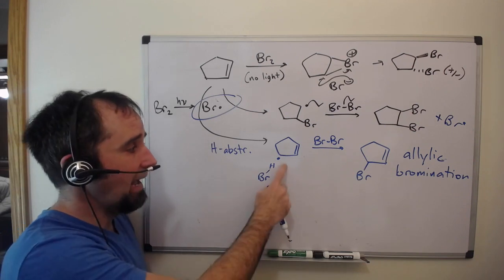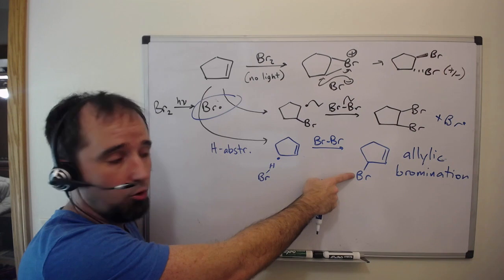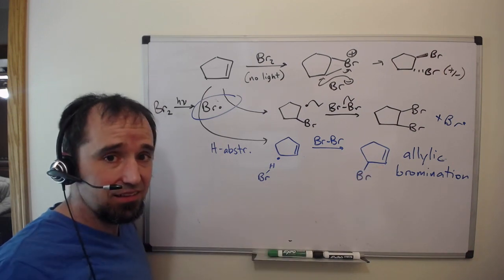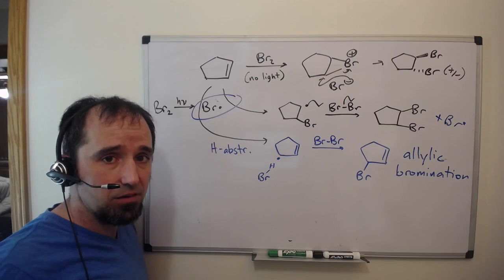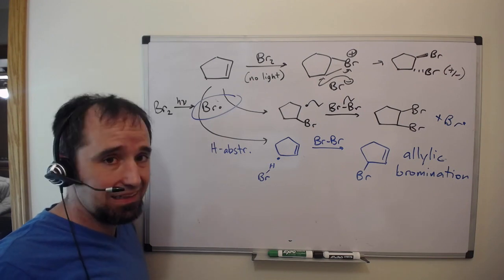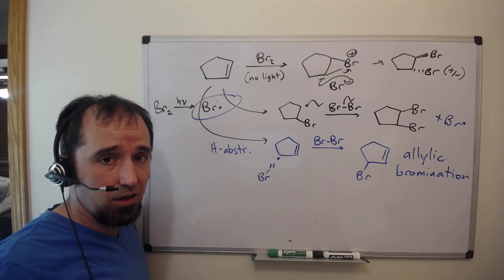So if we do this, now that radical can react with bromine, and we actually end up with a brominated product where our alkene survives, and we're brominating next to that pi bond. And so we're going to call that allylic bromination, right? Allylic is the site that's next to a double bond.